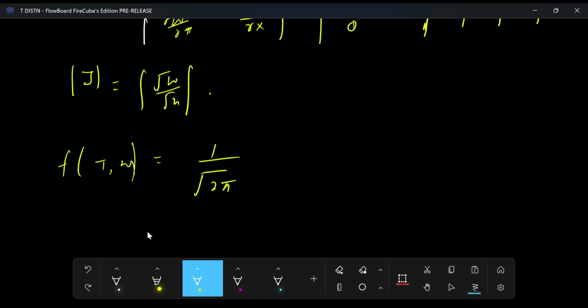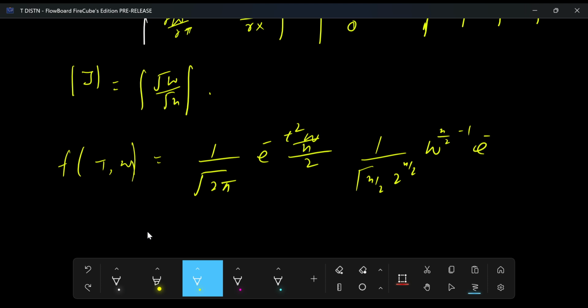That's 1 by under root 2 pi e raised power minus t square w by n whole divided by 2, times 1 by gamma n by 2, 2 raised power n by 2, w raised power n by 2 minus 1 e raised power minus w by 2, times under root w by n, as this is the value of Jacobian.